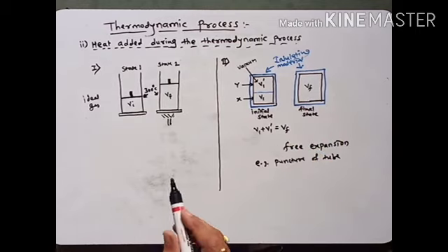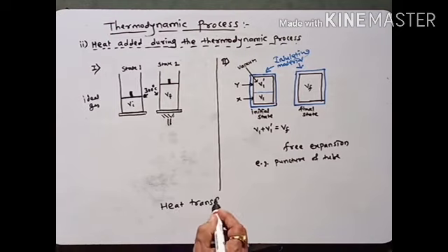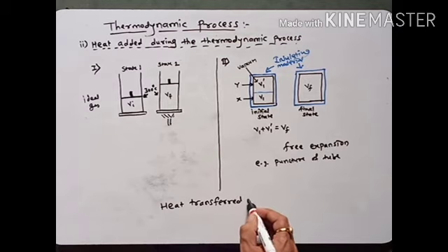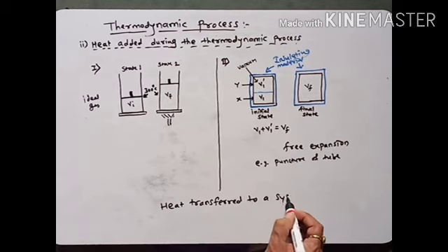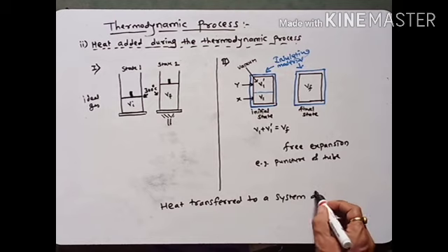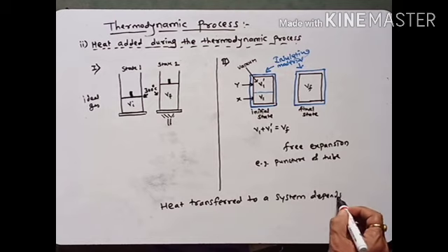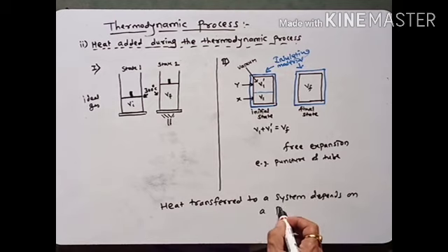Therefore, it is concluded that heat transferred to a system depends on the path. As in the previous article we studied that work done depends on path, similarly here we have studied that heat added during the thermodynamic process depends on the path.